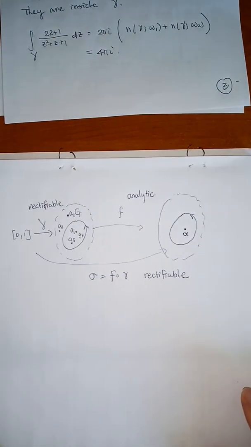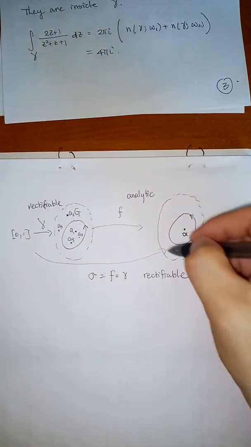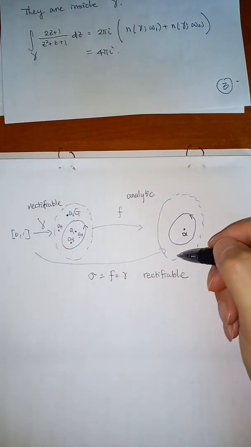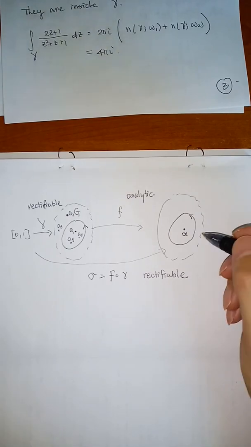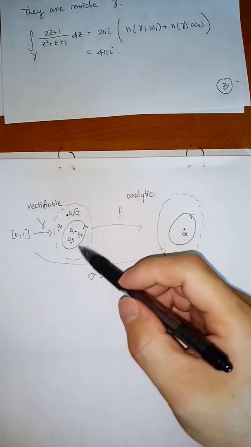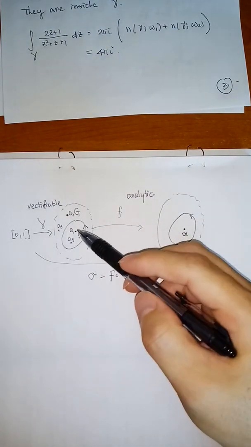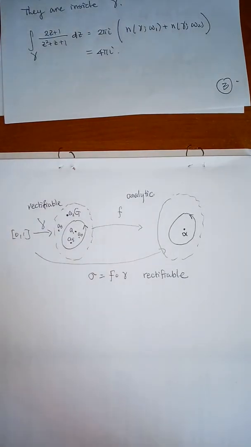Now let's try to compute some winding number. Whenever you talk about winding number, we assume gamma is homologous to 0, in order to apply the theorem we already have.